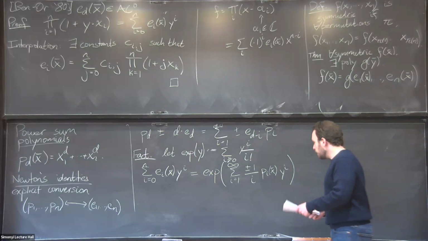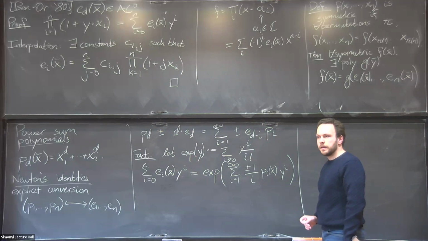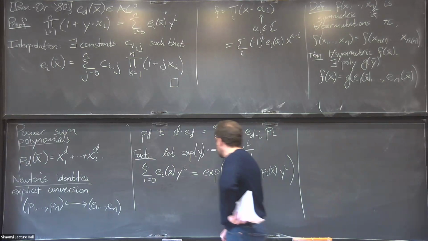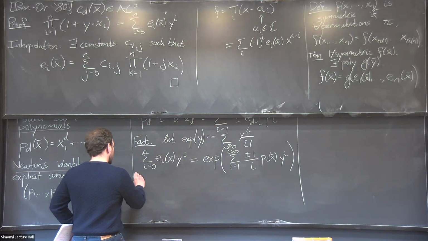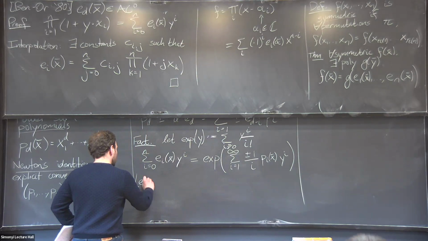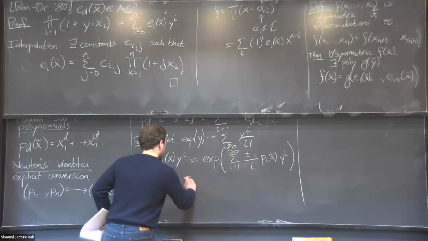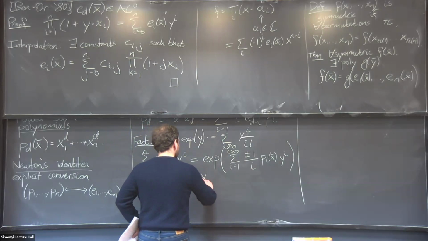The way we're going to do this is to truncate this identity and show that the truncated identity actually works. I need one thing: let's look at the truncation of the exponential up to the nth power.